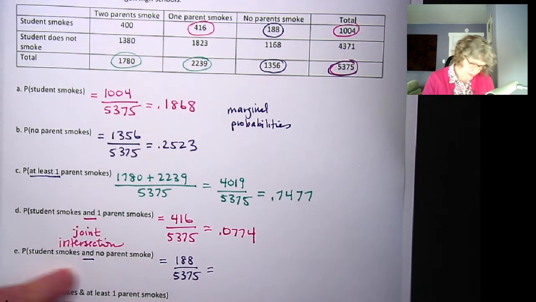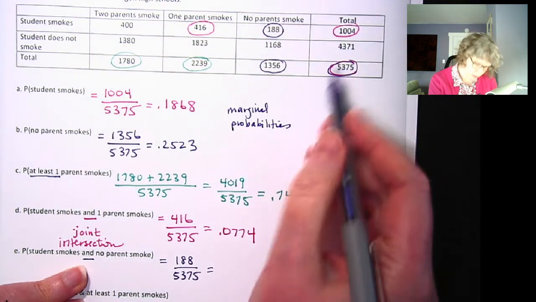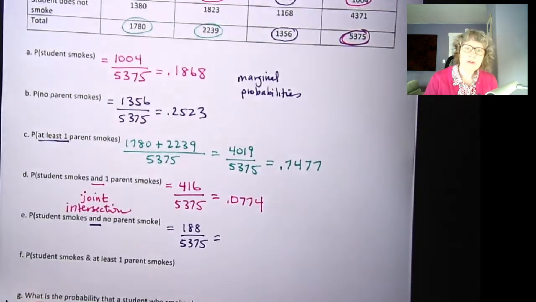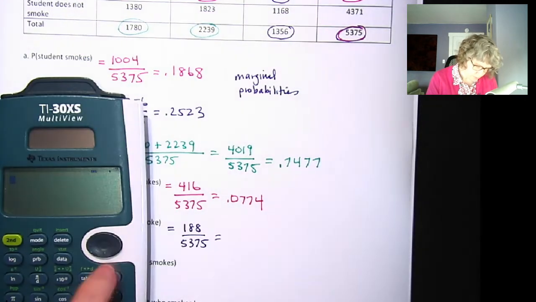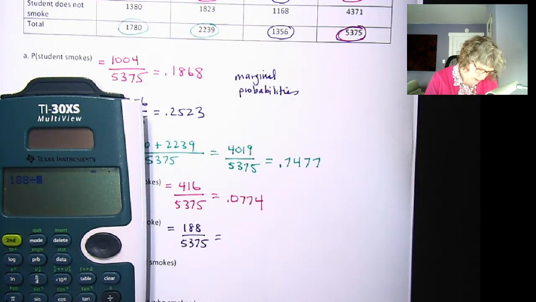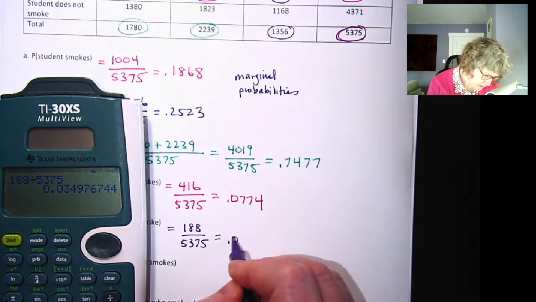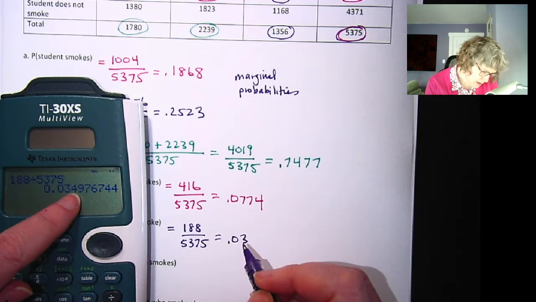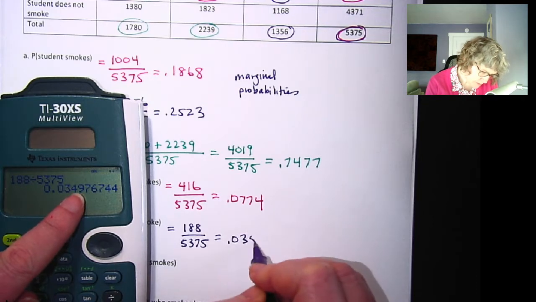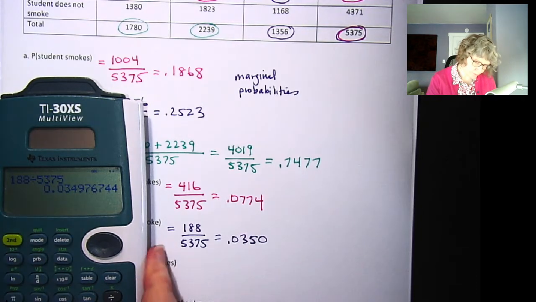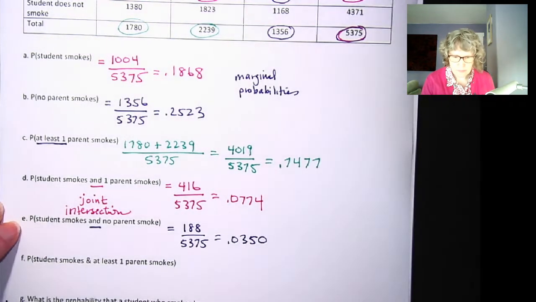Remember, and is still going to use our grand total, everything. 188 out of 5375 is 0.03497, so that rounds to 0.0350.